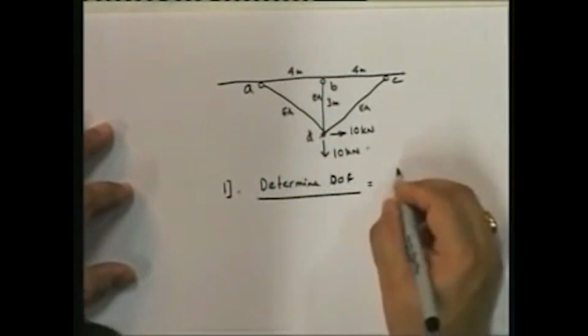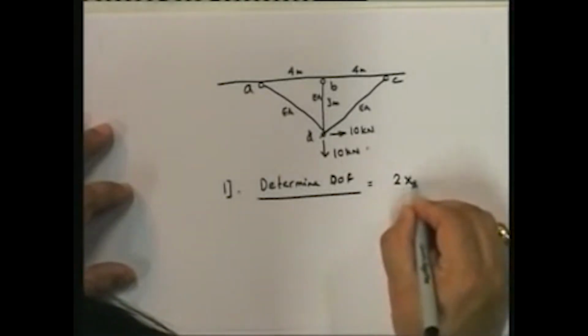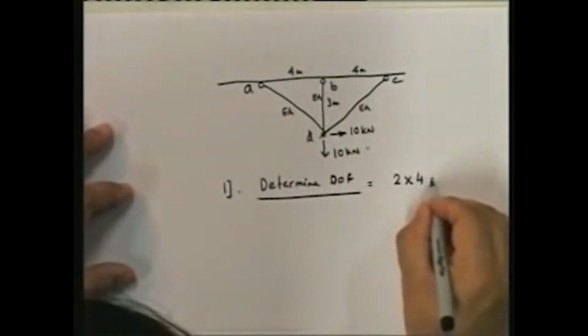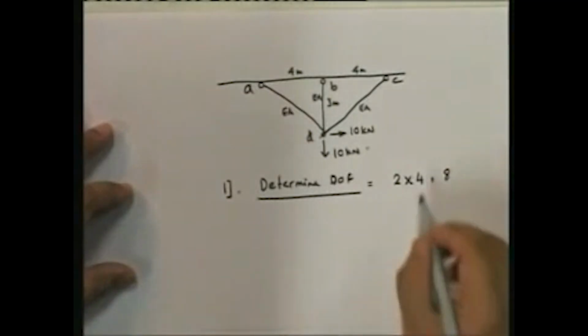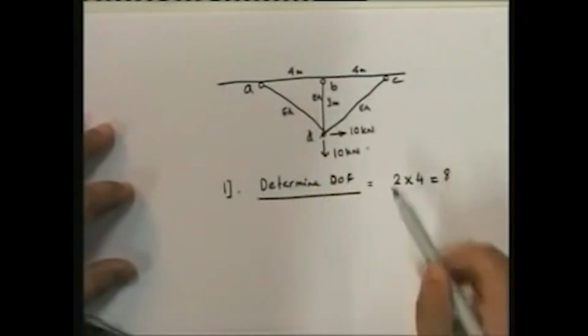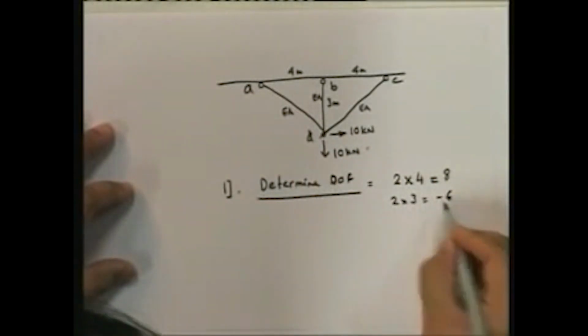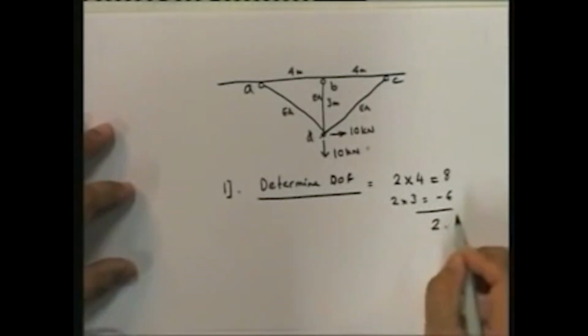So the unconstrained degrees of freedom are 2 into 4, so 8. And how many constraints? You will see that 1, 2, 3, each one has 2 constraints. So constraints are equal to 6. So there are 2 degrees of freedom.